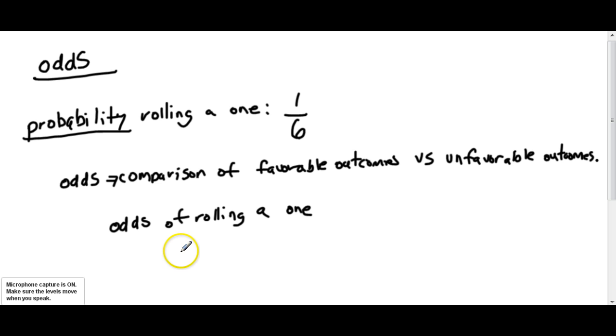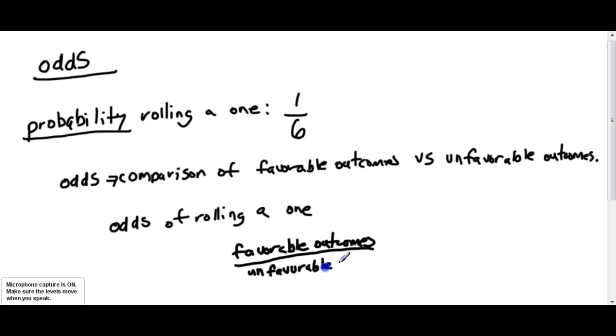Okay, well, the odds of rolling a 1 are just the favorable outcomes compared to the unfavorable outcomes. So the favorable outcomes in rolling a 1 on a dice is 1.